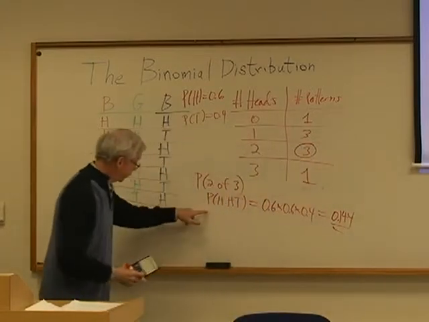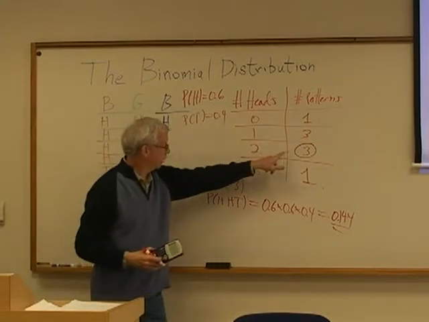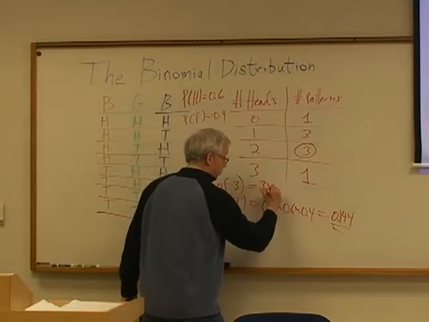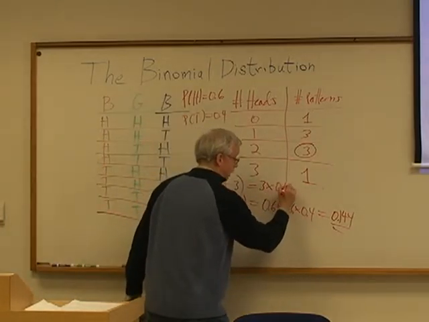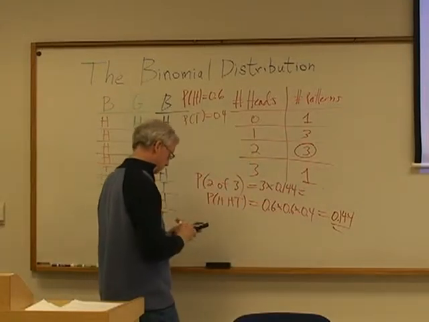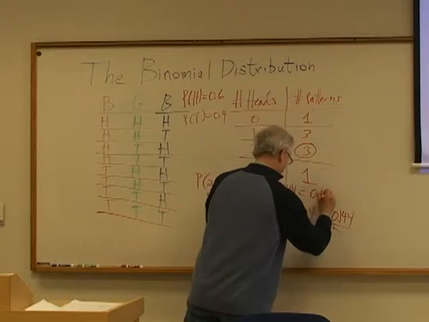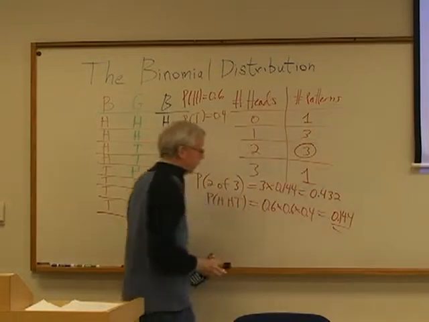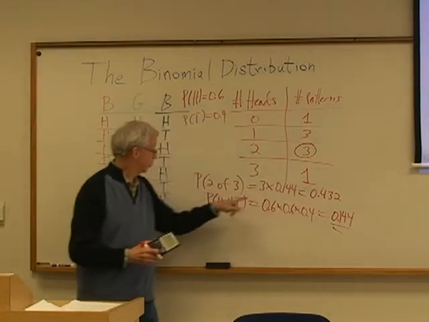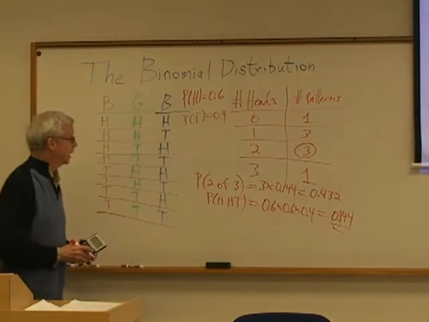But that only accounts for this way. But there's 3 different ways it can happen. So this answer is actually 3 times 0.144, which is 0.432. So with this unfair coin, I have about a 43% chance of getting 2 out of 3 heads.